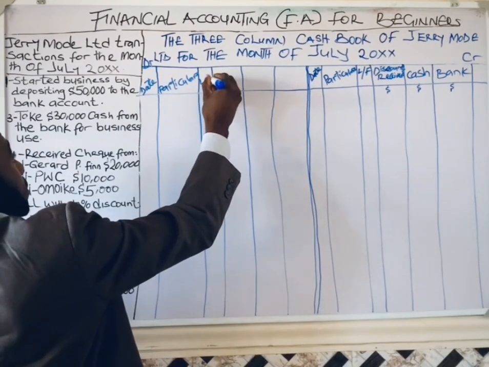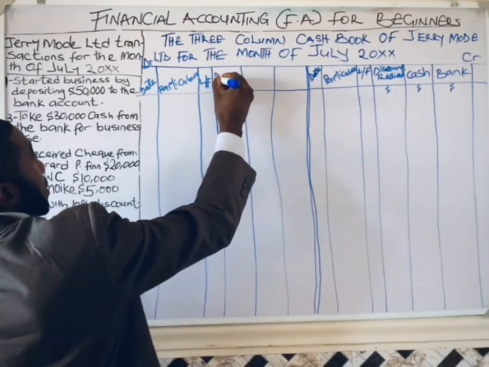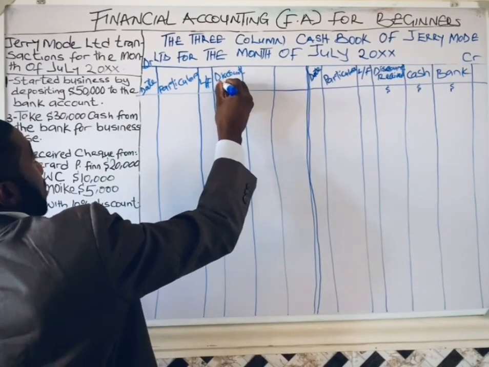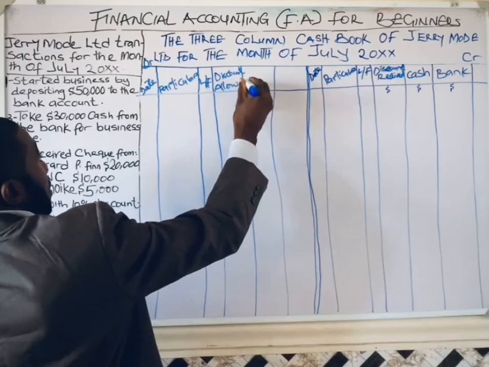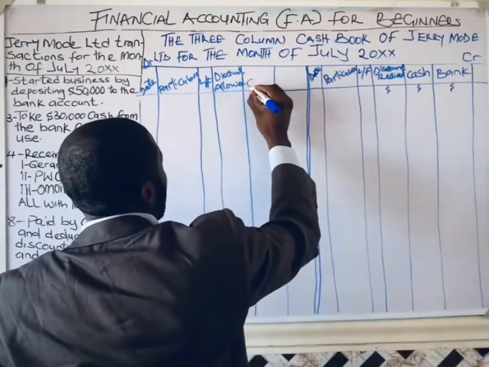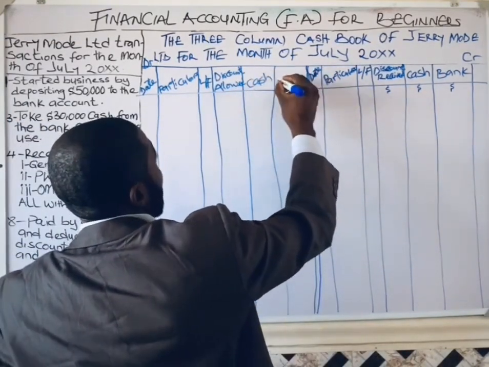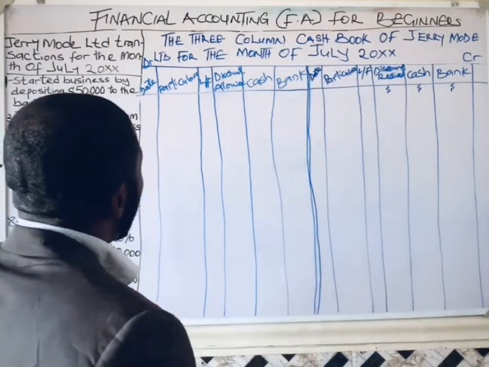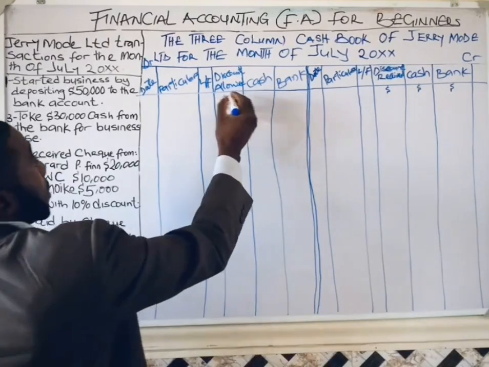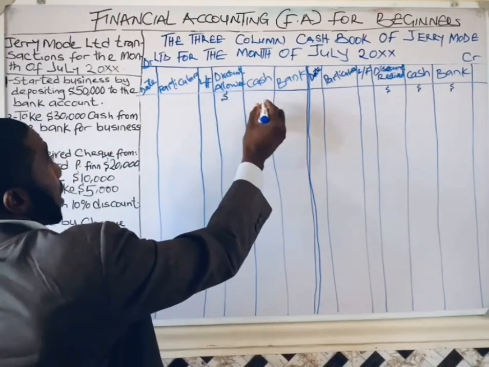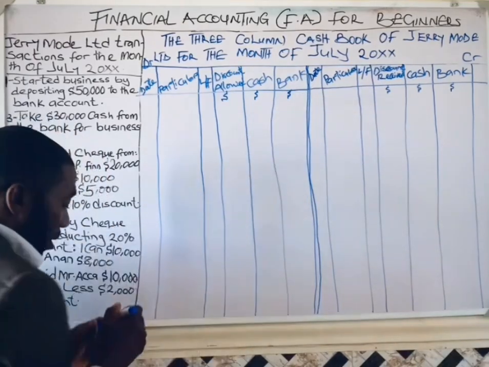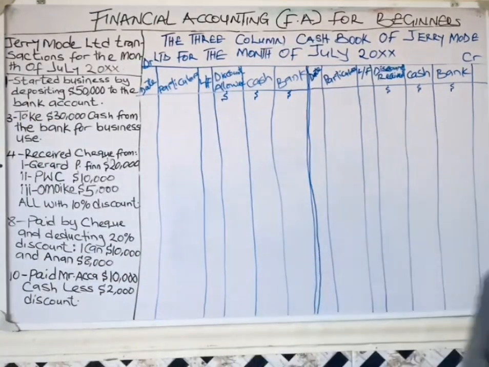This is your heading. Then your currency sign, dollar, dollar, and dollar. This is the format of the 3-column cash book.